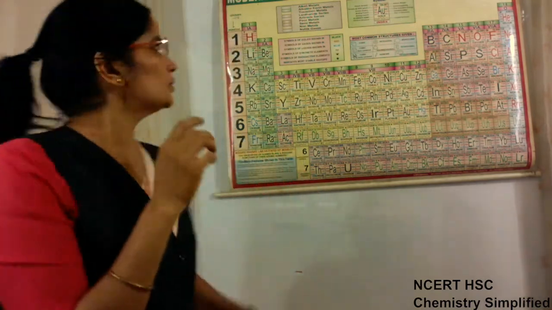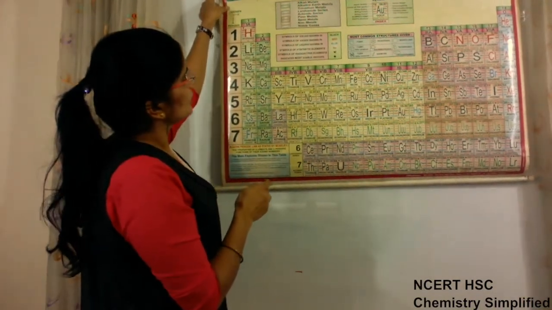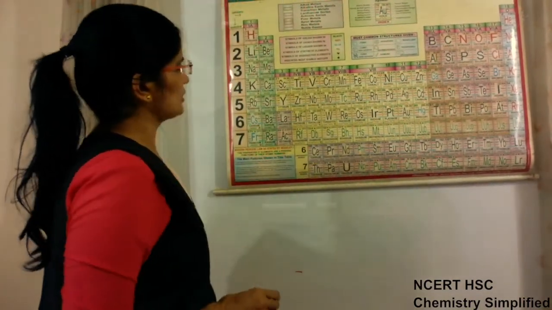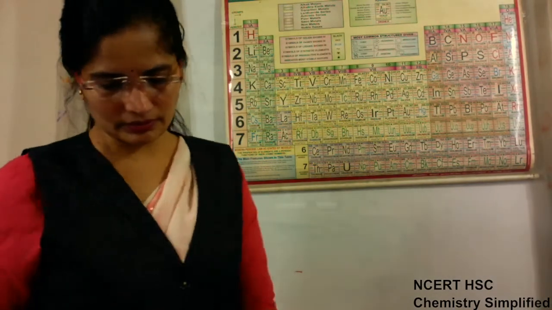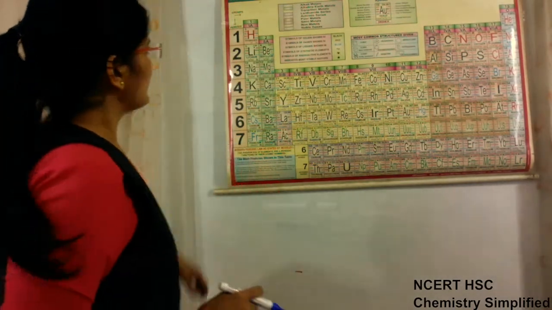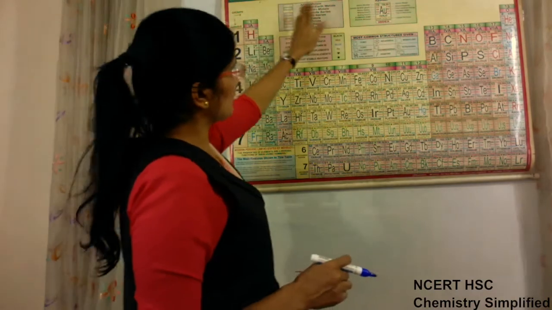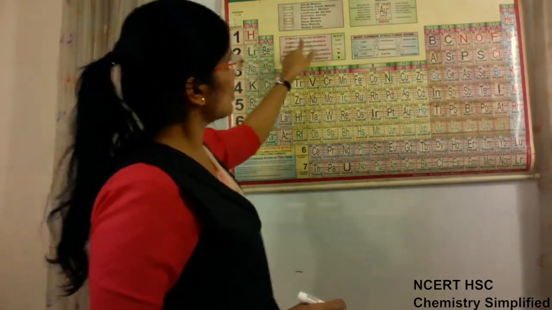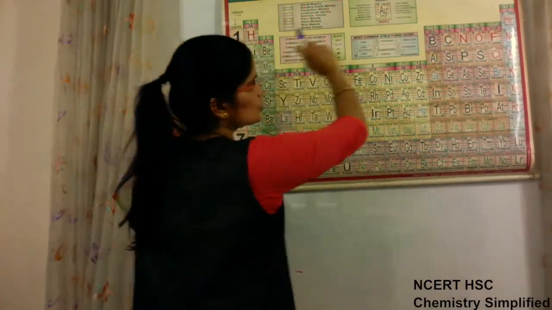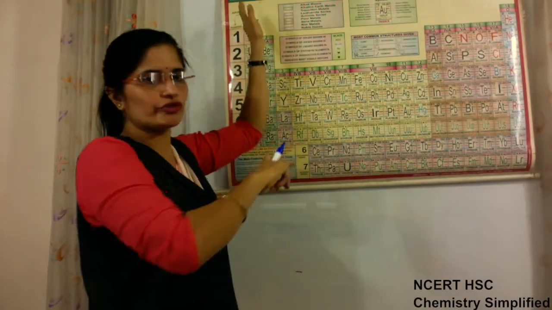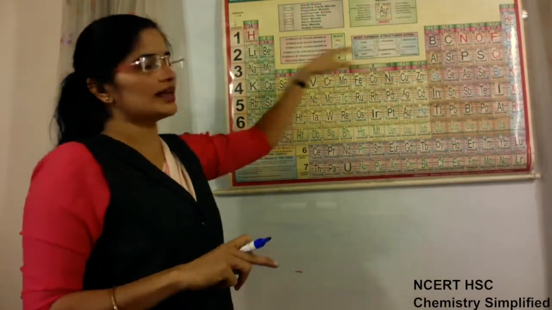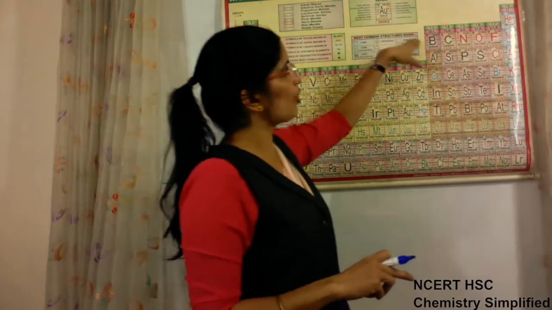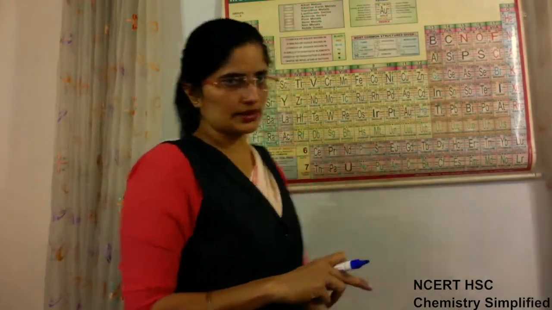Okay, so when we have a look at the periodic table, we said that the periodic table is arranged in increasing order from left to right. That means when we move from left to right, the elements are arranged in increasing order of their atomic numbers.